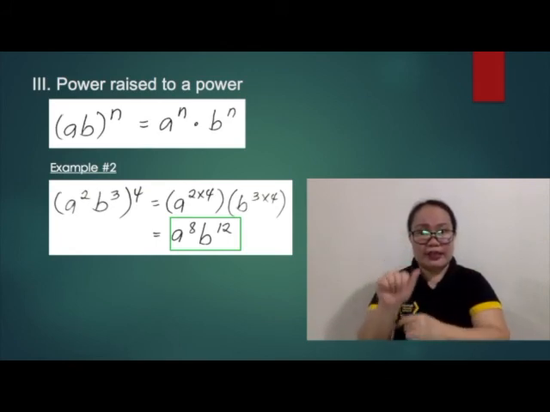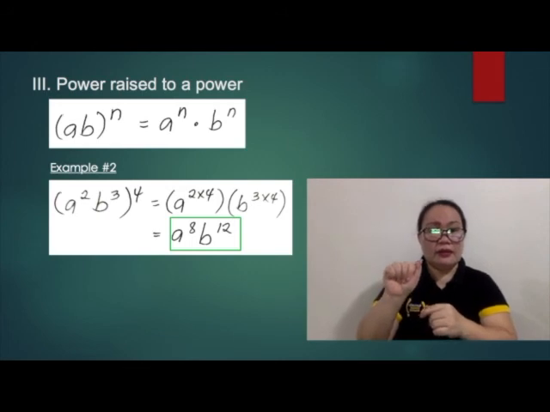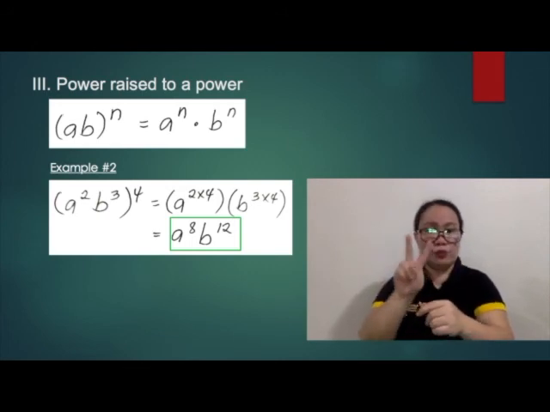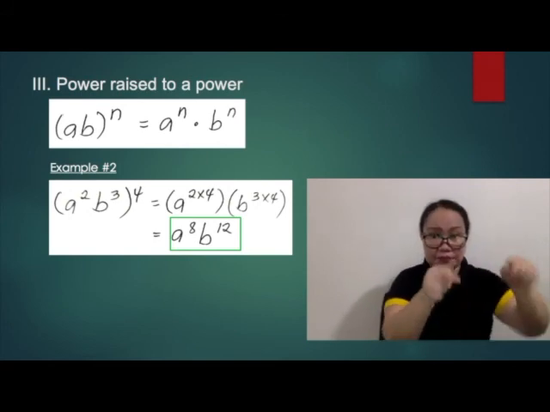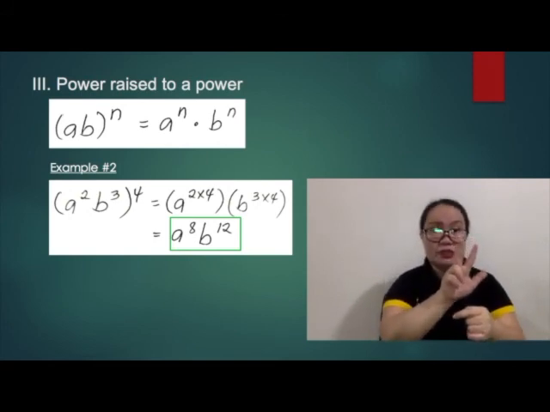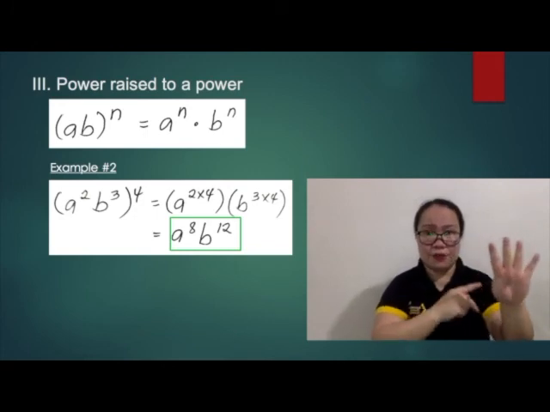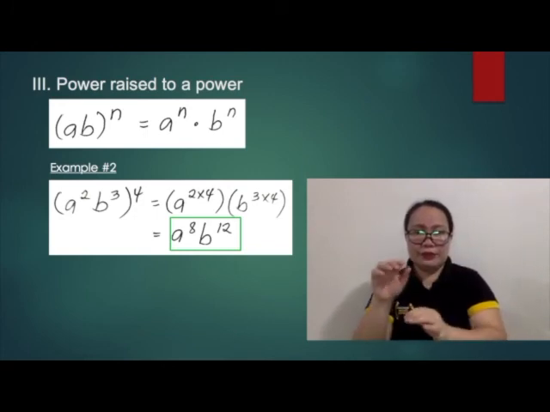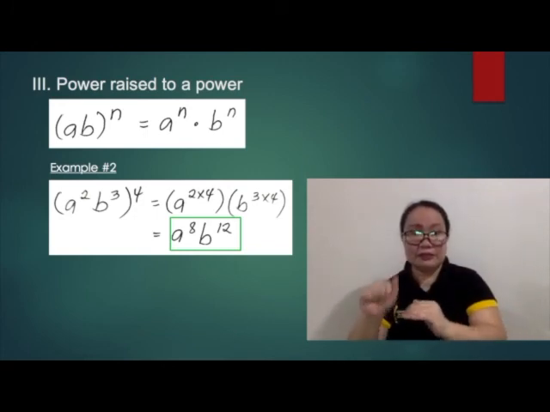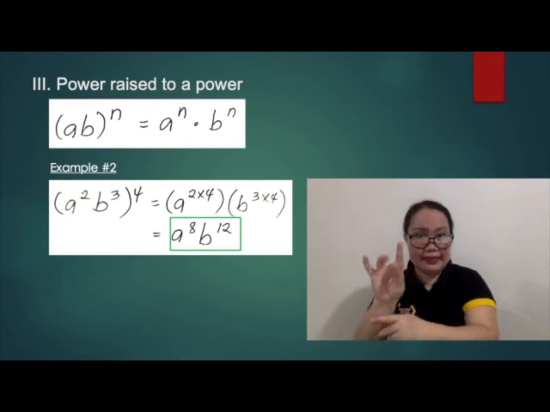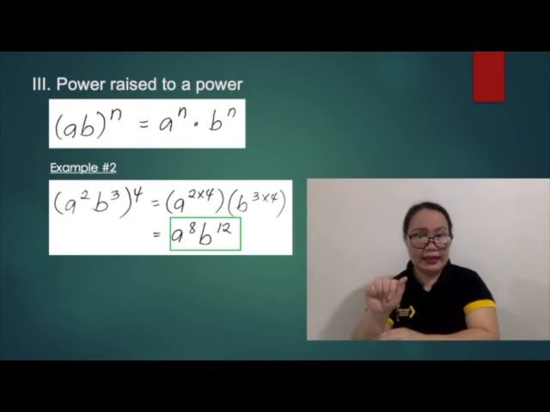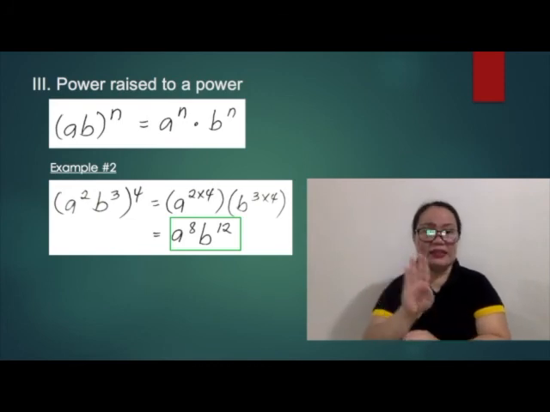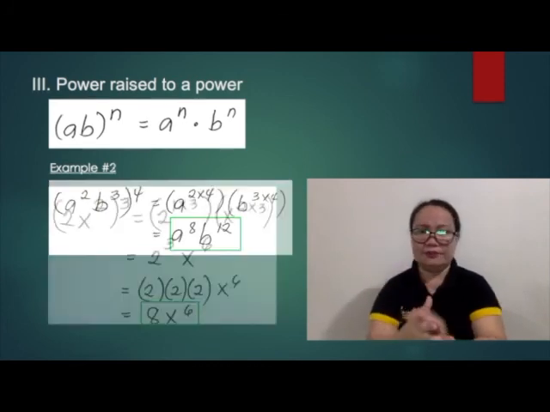Let's start with a raised to the power of 2 times 4, and then b raised to the power of 3 times 4. So the answer is a raised to the power of 8, b to the 12th. Okay, a to the 8th, b to the 12th.